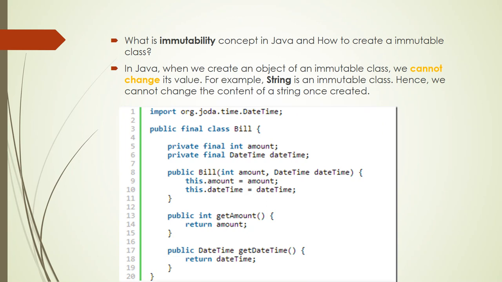This is called an immutable class. And how can we create this? The class should be final. There are a couple of properties: one is the class should be final, the variable should be final and private, and the third one, there should not be any setter, only getter.